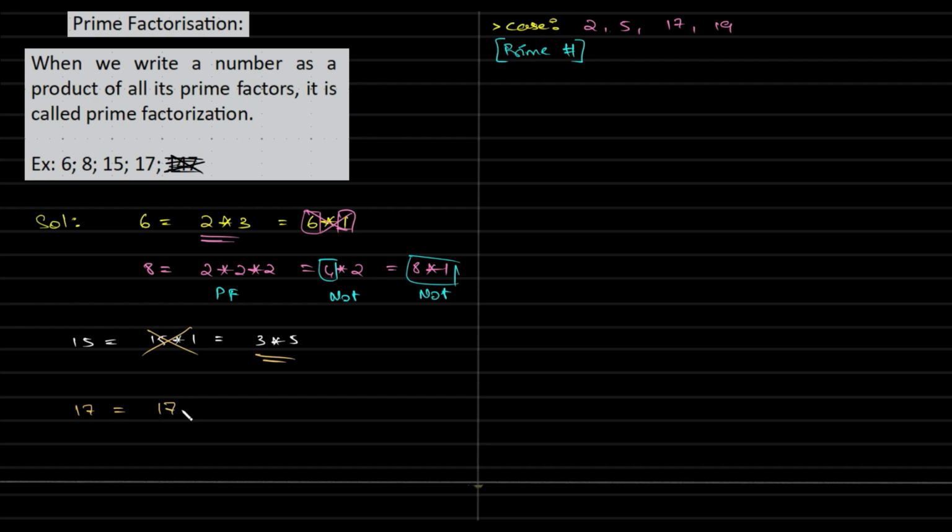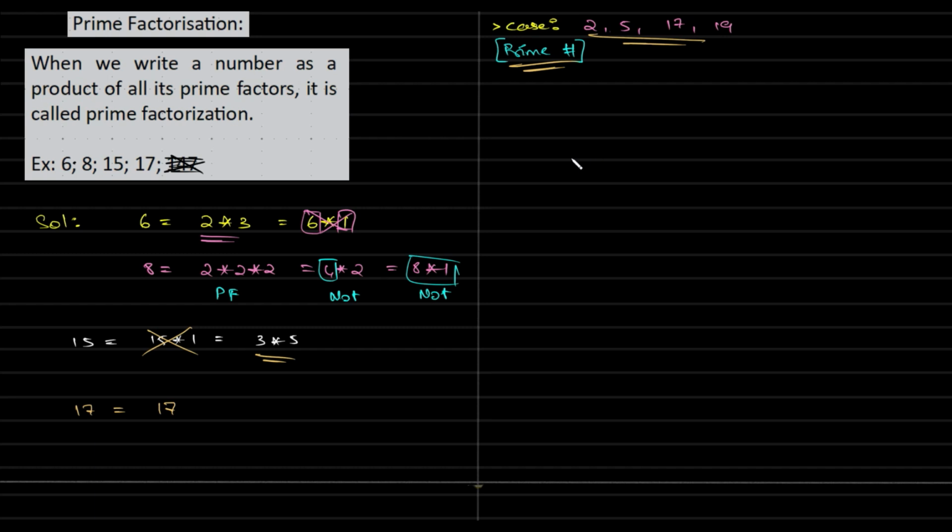There's no further prime factorization as such because it is a prime number. So here I'm talking about prime numbers and trying to find the prime factorization. There's nothing for 2, 5, 17 and 19. Since they are prime numbers, there's no prime factorizing them.